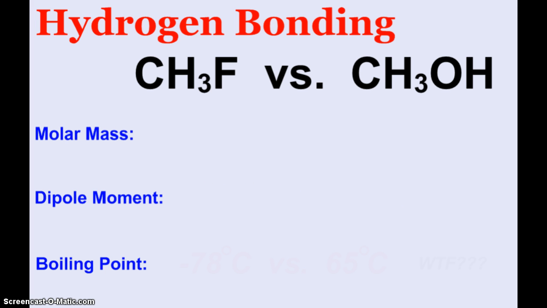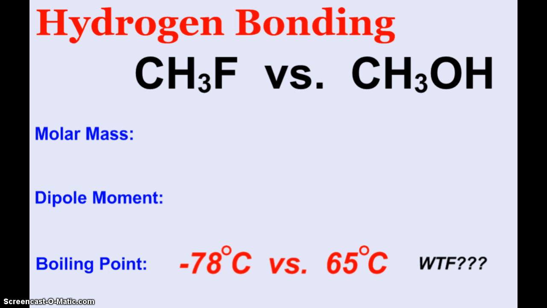if we look at the structures of these, because the boiling points were so incredibly different. Why? Well, CH3F, yes, there's hydrogens, yes, there's a fluorine, but the hydrogens are attached to carbon. And so we know that a carbon-hydrogen bond is traditionally nonpolar.